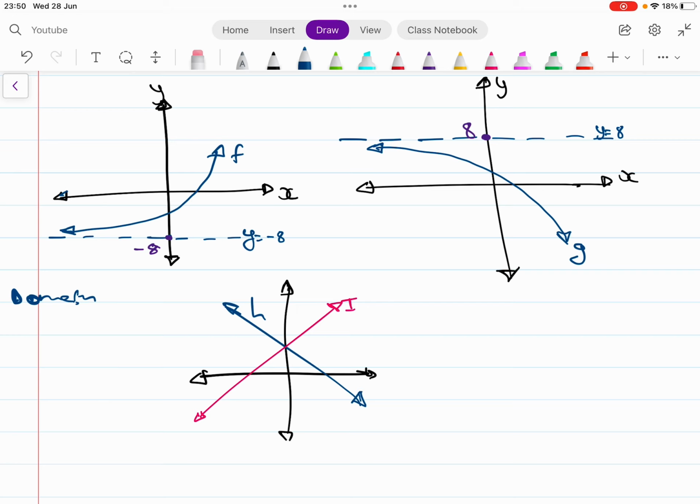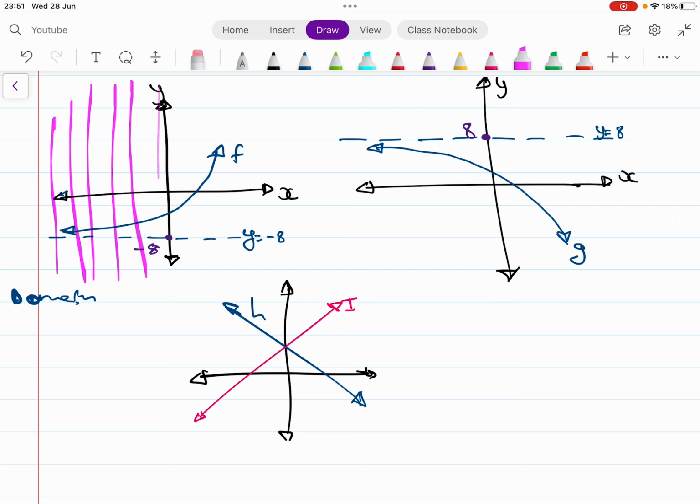Okay, starting with the domain, you just create arbitrary vertical lines from the left hand side. When you create arbitrary vertical lines, you will see that all of them are going to touch the graph somewhere.